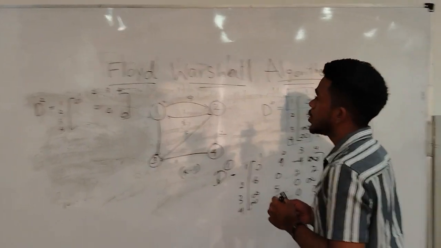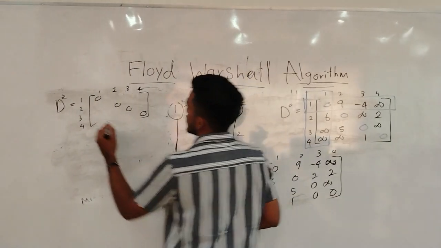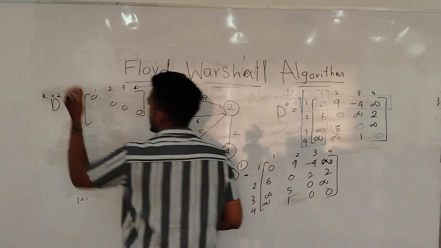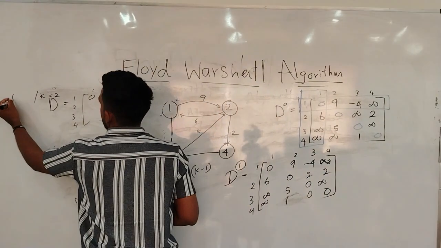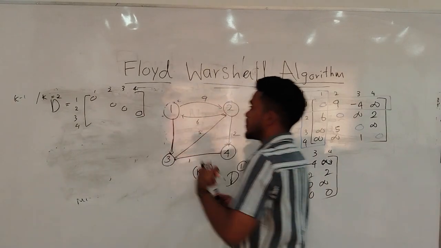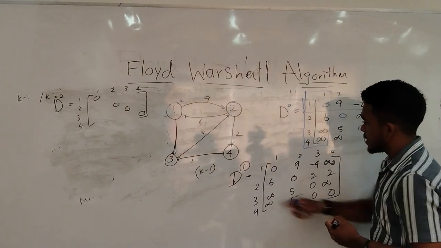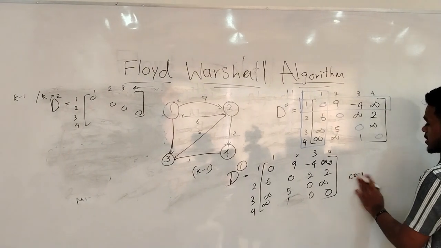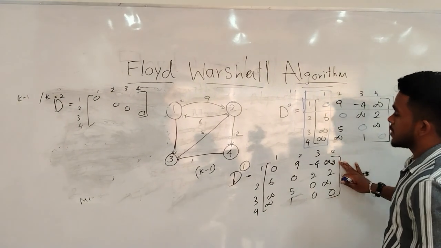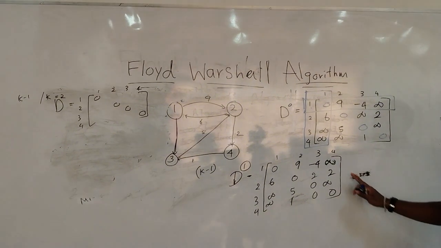So now we have the k value as 2. So our base class is k minus 1. That means our base class is this one. This one is our current base class.